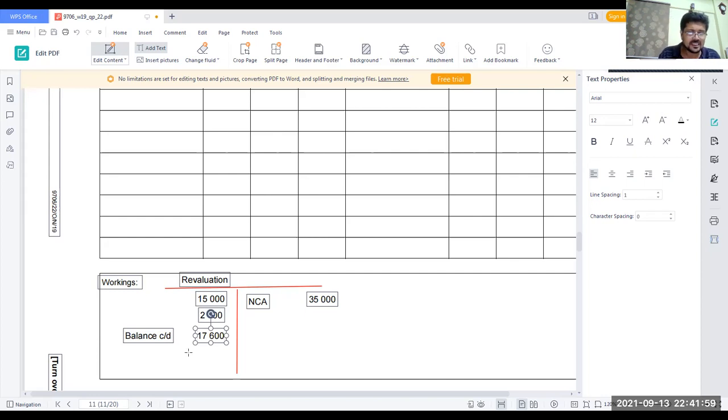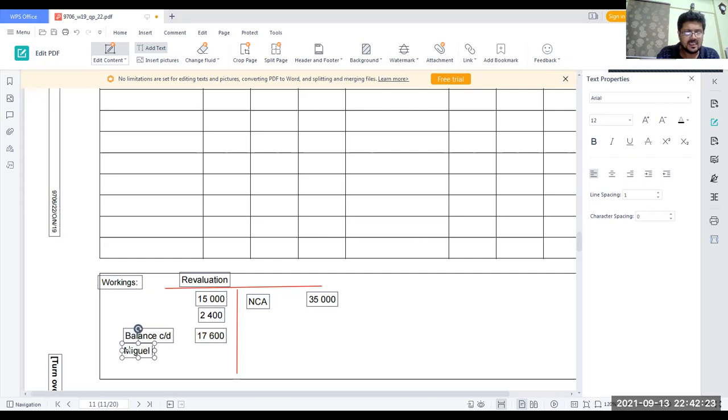So 17,600 is the balance, and it is going to be divided among the partners in the ratio. So profit from revaluation, I will write off the 17,600 and I'm doing it here.